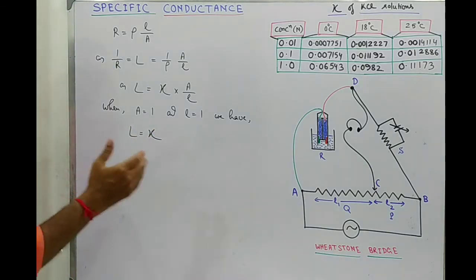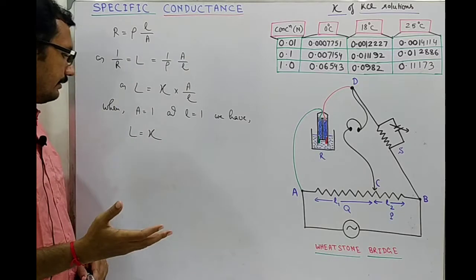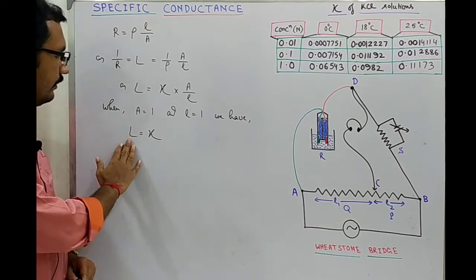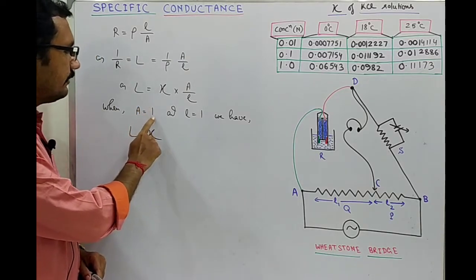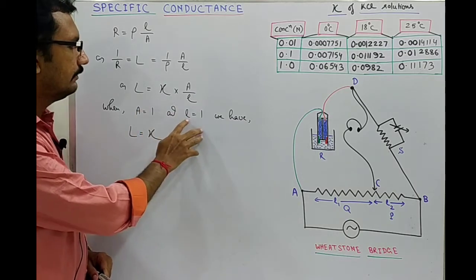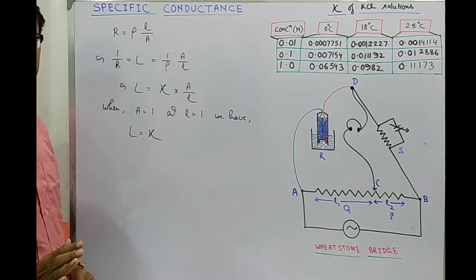So specific conductance is defined as the conductance when the cross sectional area is 1 and the length of the conductor is 1.